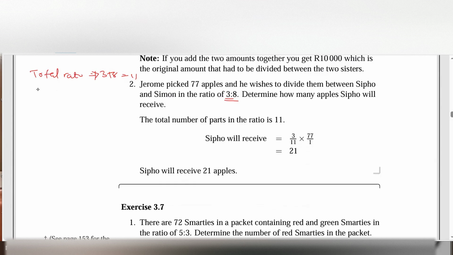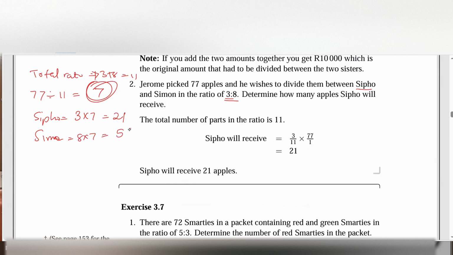Then we divide, 77 divided by 11, meaning every part of the ratio is going to be 7 apples. Then the first person was Sipo, so Sipo is going to be 3 times 7, which is 21. And then Simon is going to be 8 times 7, which is 56. And that is how we do it.